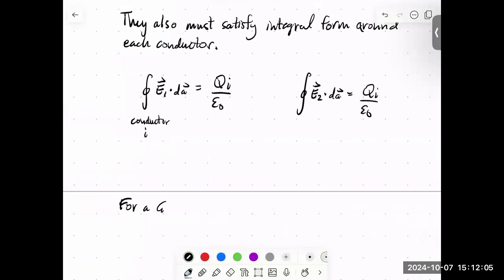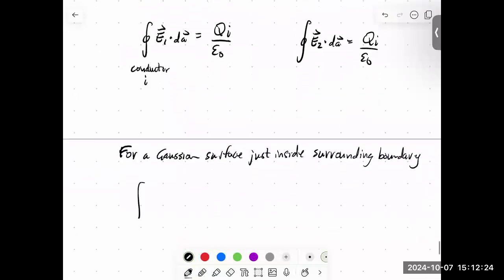For a Gaussian surface just inside the surrounding boundary, E1 dot dA just has to be the total enclosed charge.